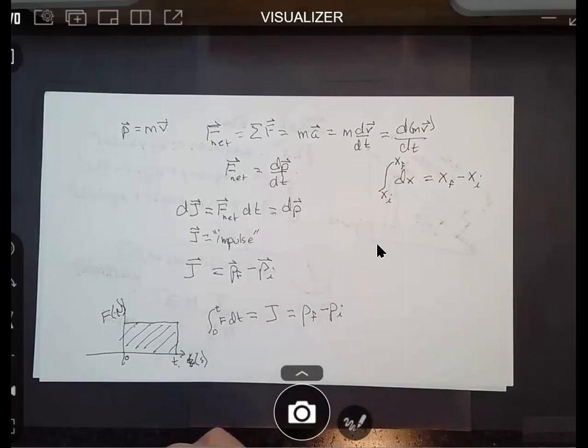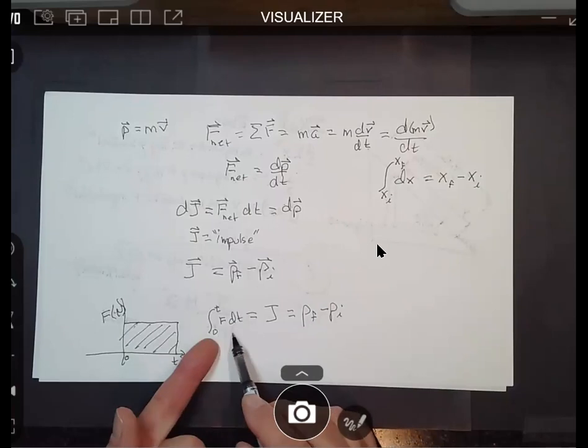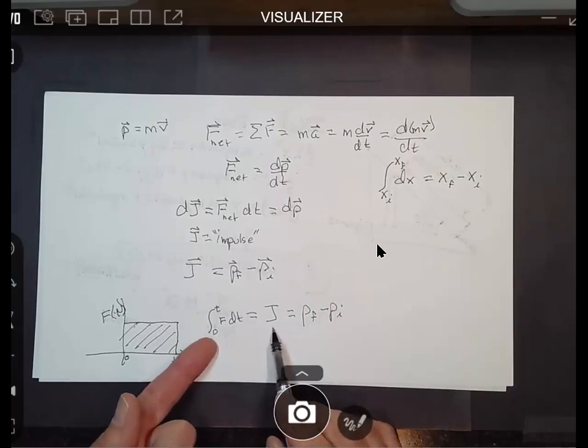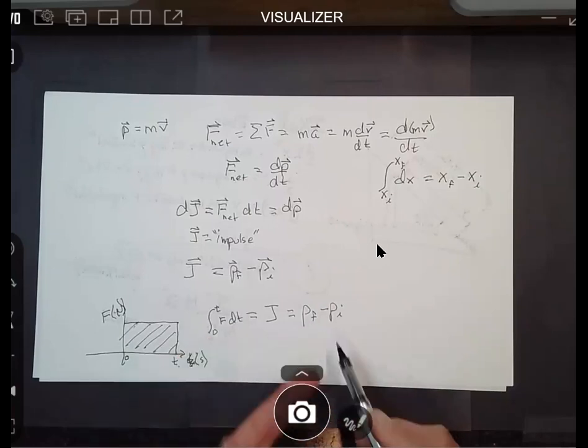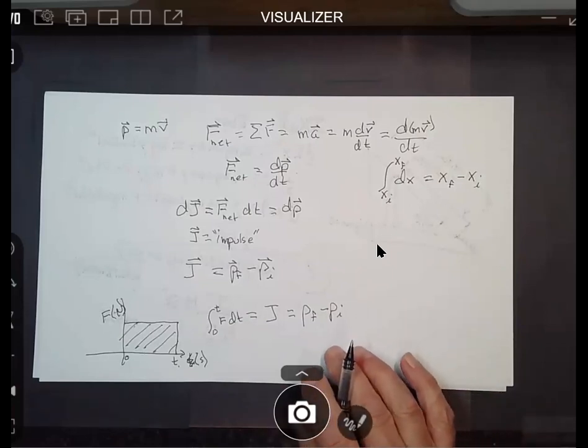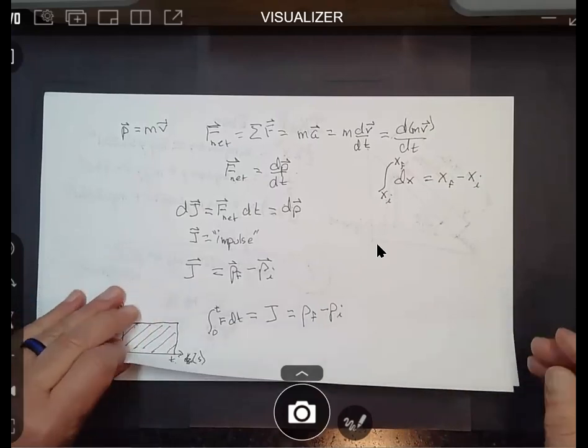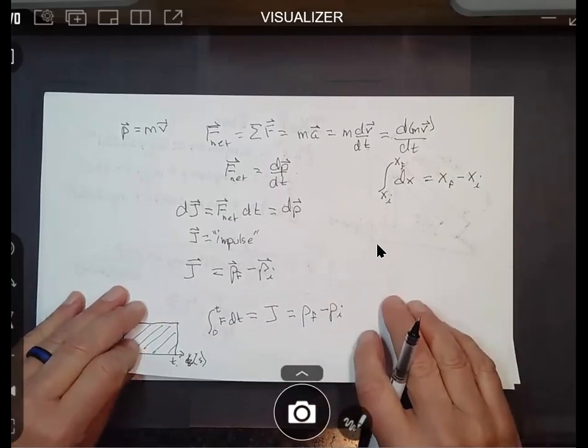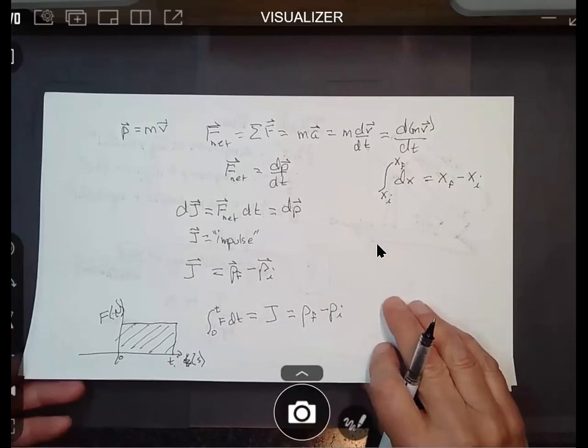In the last unit, we looked at how the integral, or the area under an F versus x curve, would produce work and produce a change in kinetic energy. Here, we call the quantity that we get out of this impulse instead of work, and it produces a change in momentum.